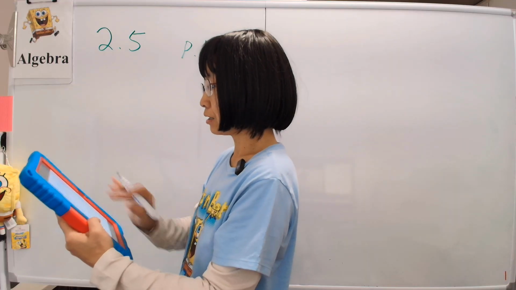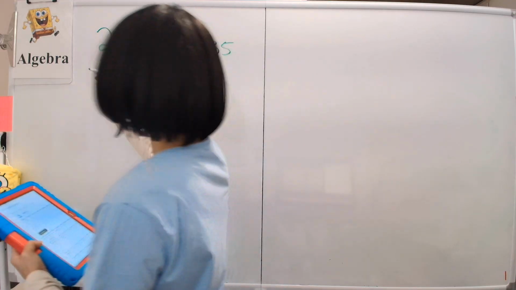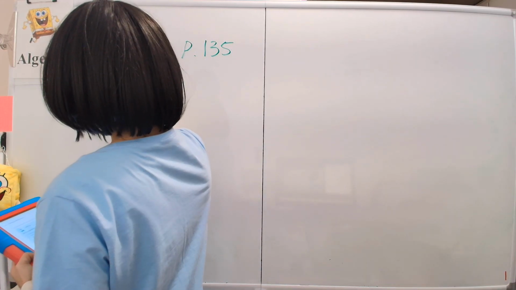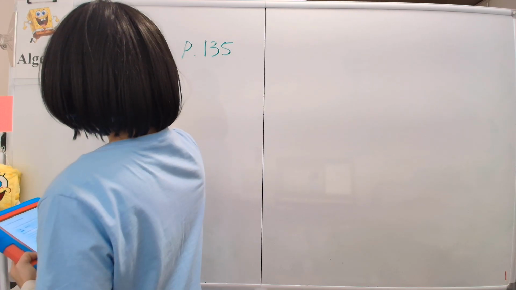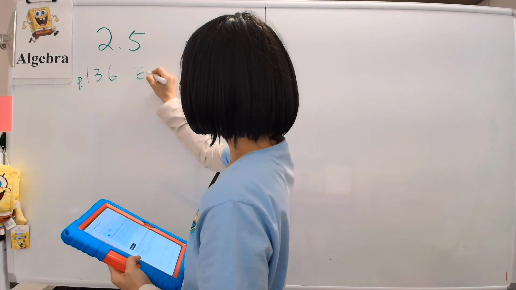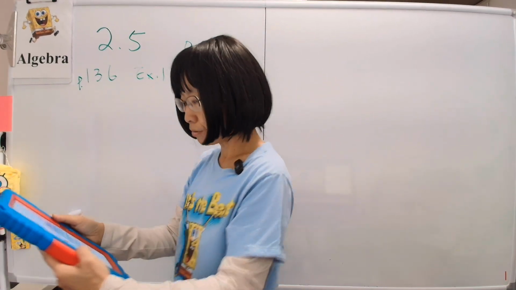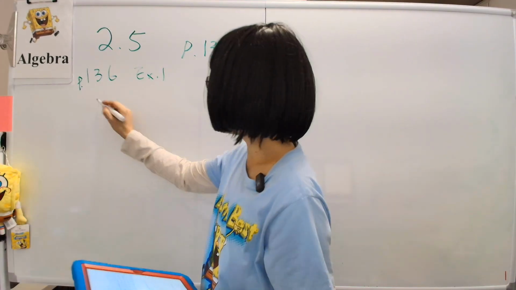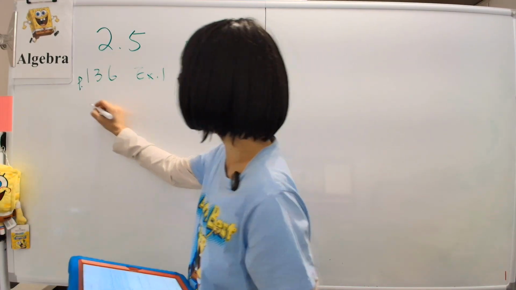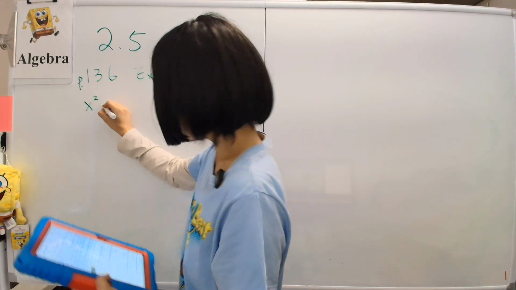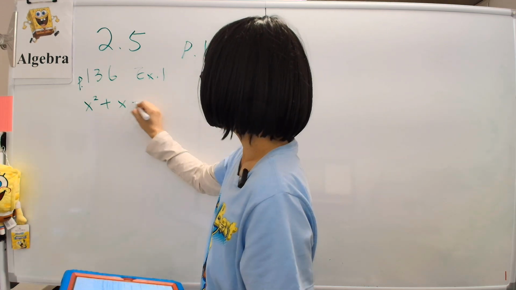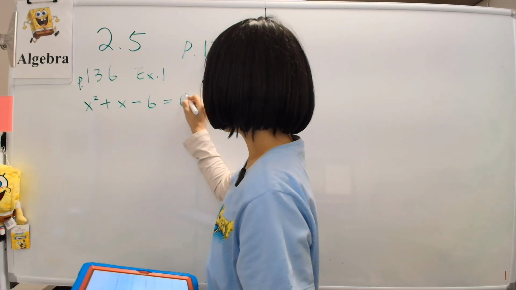So now we are on page 136. Let's consider example 1. Example 1 states that we have the quadratic equation x squared plus x minus 6 equals 0.